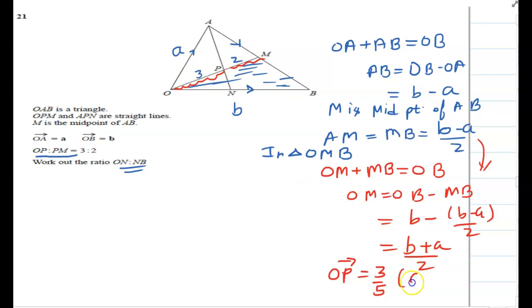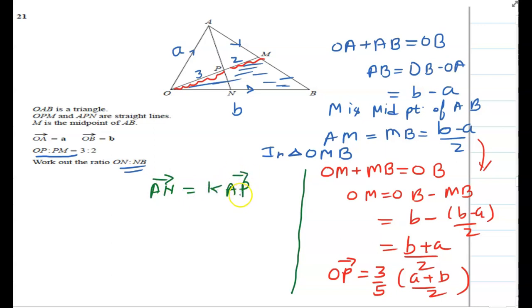So OM is A plus B divided by 2. Now here is one rule which I am going to explain to you. The rule is, if vector AN will be k times AP, you can multiply any vector by any scalar, that is k.